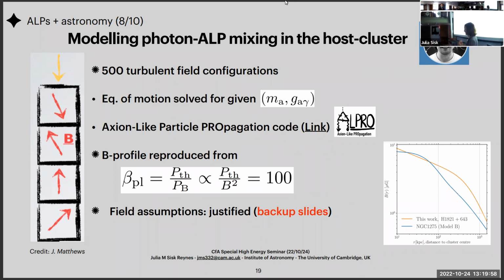So people have looked at other sources that can give you higher magnetic fields within a more confined region of parameter space. And presumably with this type of search, you can access different masses that we are not sensitive to constraining with clusters.